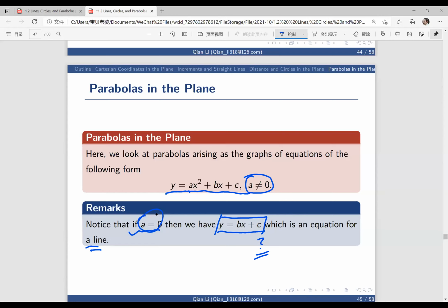This equation is a line, right? For this equation, the slope of this line is what? The slope of this line is what?